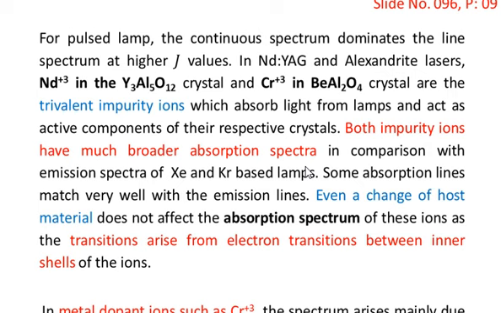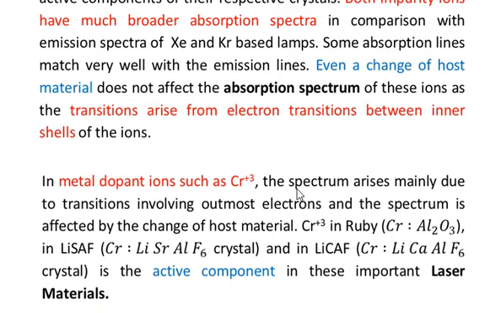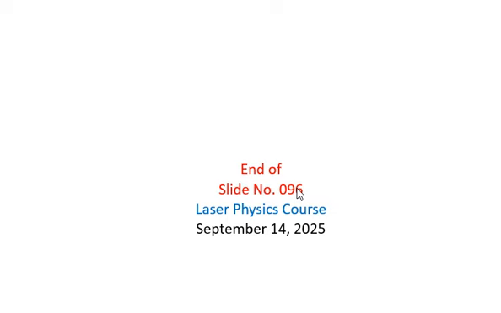For example, what will be the effect of the density of current on the intensity obtained from the flash lamps, and also how we can obtain continuous flash lamps and flash lamps in the pulsed mode. These have been explained in this lecture. So this is the end of slide number 96.